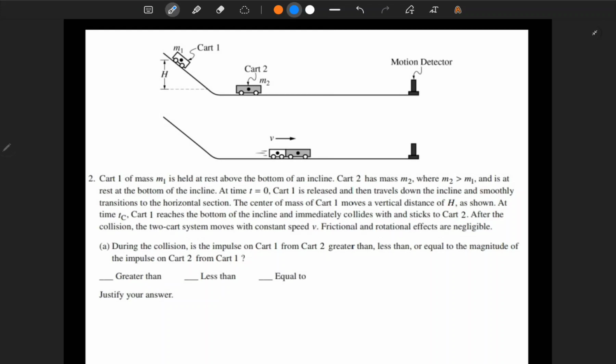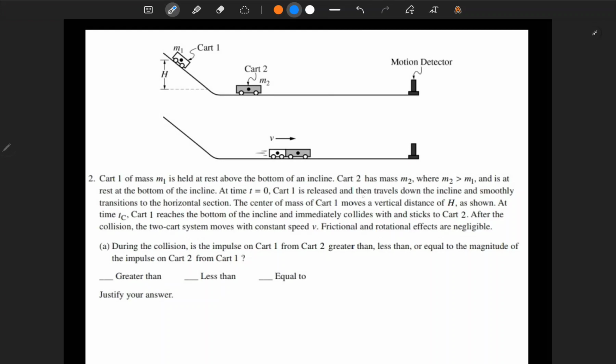Cart 1 of mass m1 is held at rest above the bottom of an incline. Cart 2 has mass m2, where m2 is greater than m1, and is at rest at the bottom of the incline. At time t equals 0, cart 1 is released and then travels down the incline and smoothly transitions to the horizontal section.